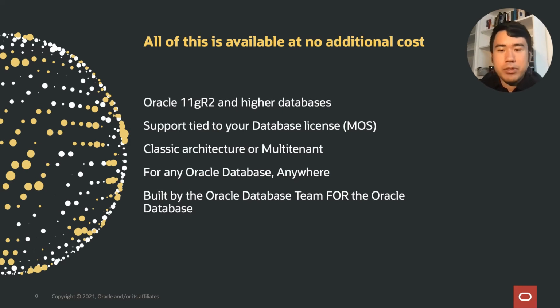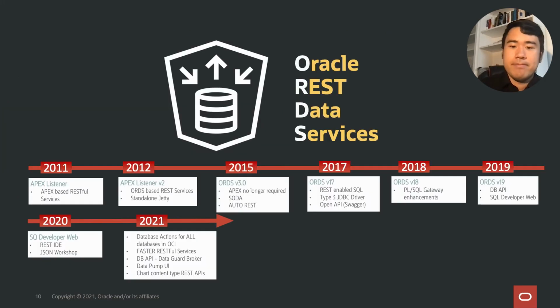ORDS is developed and maintained by the database team and for the database team. So as new database features come in, we're there to build the APIs and front-end tooling around those. Like many other Oracle database tools projects, we have a quarterly release. So every 3 months, you should be able to see the updates for both cloud and on-prem versions.